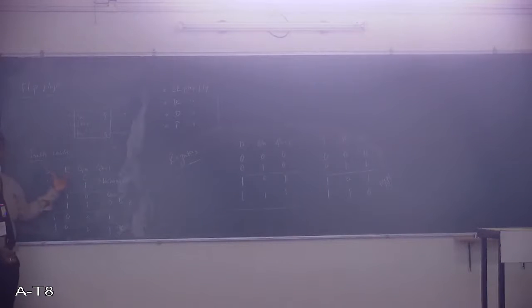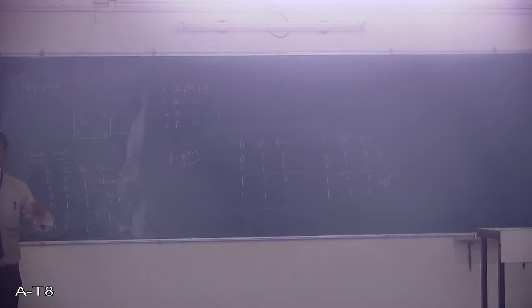2 inputs, S and R. Qn is the present state. Qn plus 1 is the next state. You have 2 states, one is a present state, one is a next state. What do we mean by next state? Suppose the device is having certain outputs right now.